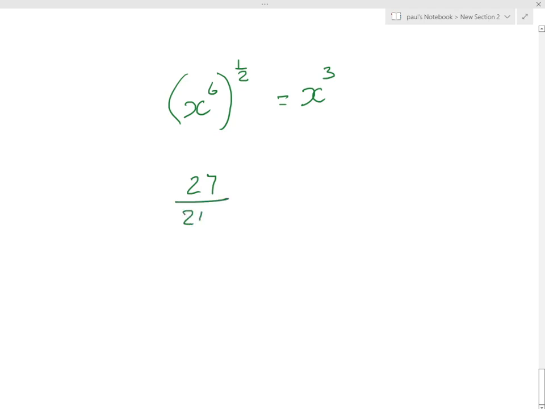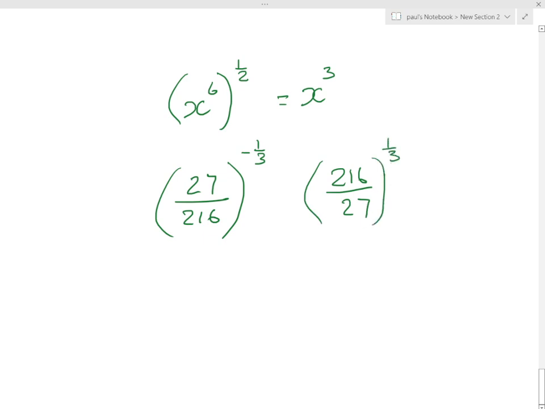Now this one, last one. 27 over 216 to the power of minus 1/3. First of all, get rid of the minus by going 216 over 27 to the third. Now, we apply the third to each thing because it's going to be 1 times the third. So we would get 216 to the third divided by 27 to the third.